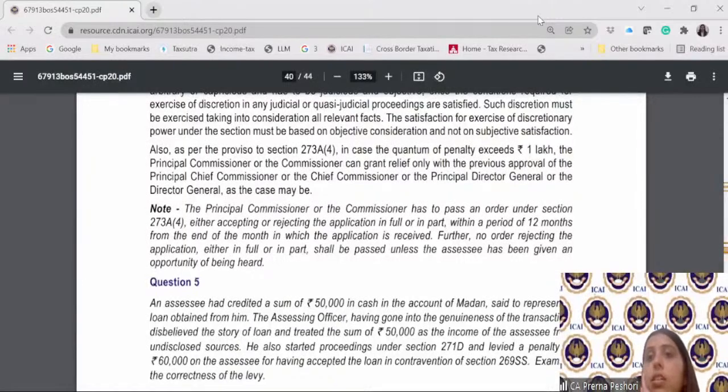Against that, there is no appeal possible before the CIT(A). But against the assessment order, there is always appeal available. If the assessee wants to go in appeal, he cannot obtain immunity. Even if the AO reduces the penalty and doesn't completely waive it off, he cannot appeal before the CIT(A) because that order of AO will become final. So appeal is not available against that immunity order. Is that clear?